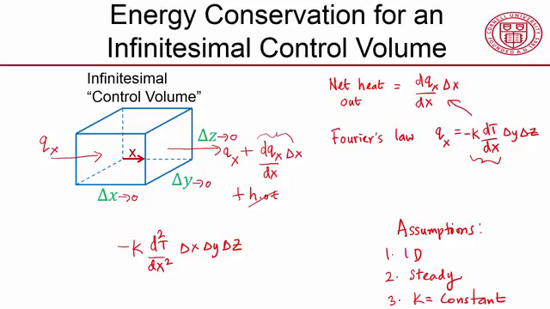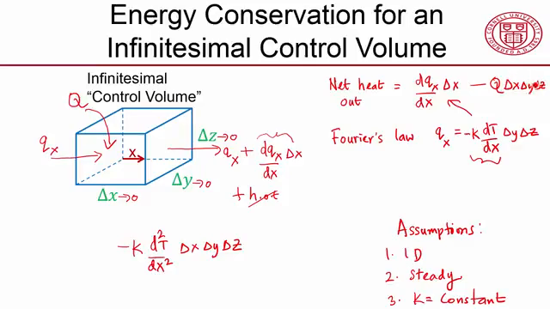I also say that there is another term contributing to the heat, which is the heat generation. So I have some heat generation per unit volume, which I call Q. So the net heat out is going to be what's flowing out minus what I'm adding through heat generation. That's going to be minus Q, and that's going to be proportional to the volume, so delta x, delta y, delta z.